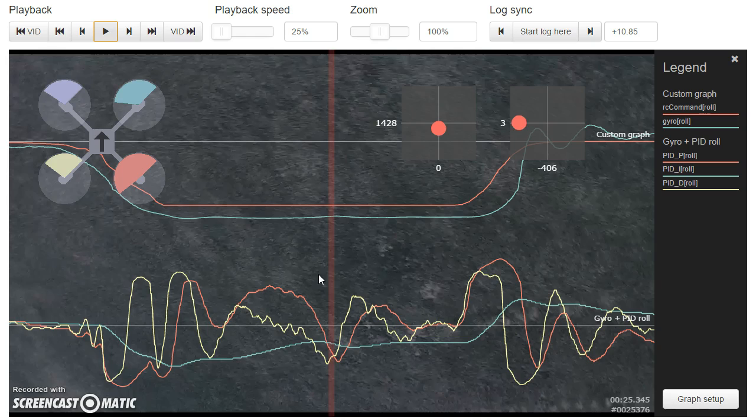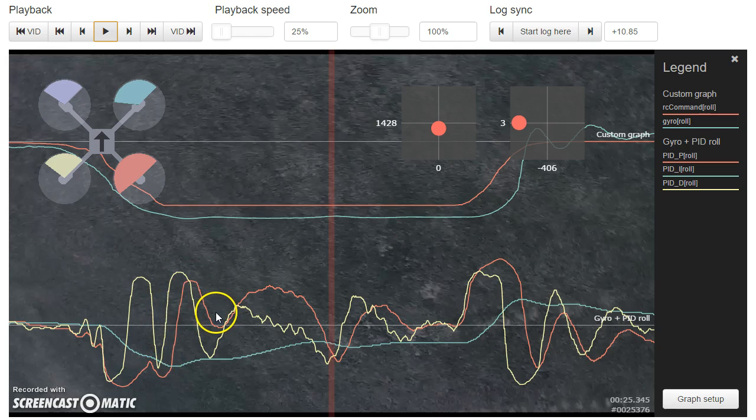But what I see here in the log is these two oscillations at the beginning. I can see a big D term oscillation, but the P term is not that bad. The P term is one push into the loop and one push out.